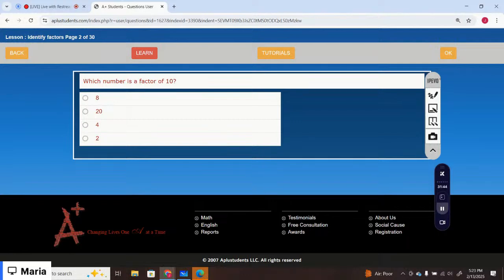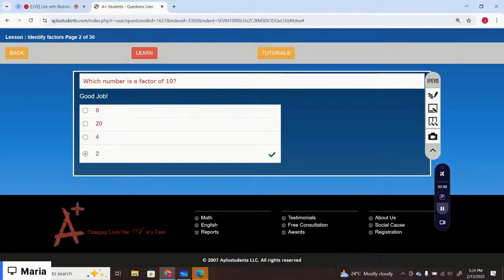Which number is a factor of 10? The factor of 10 is 2.